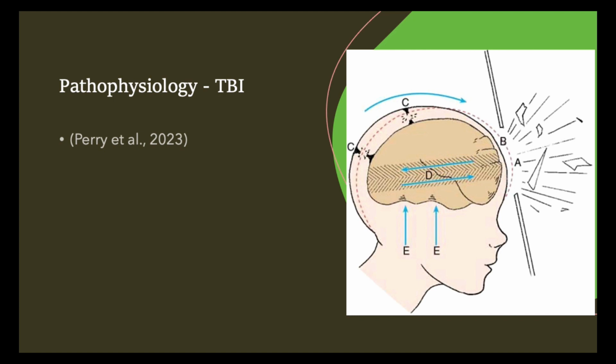Letter D are the acceleration and deceleration injuries. And then letters E's are where the brain hits the bottom of the skull.